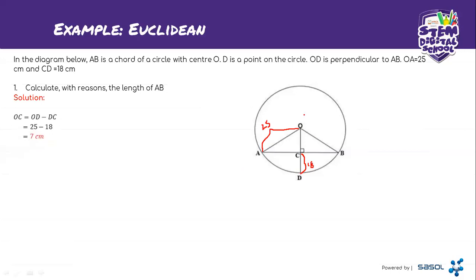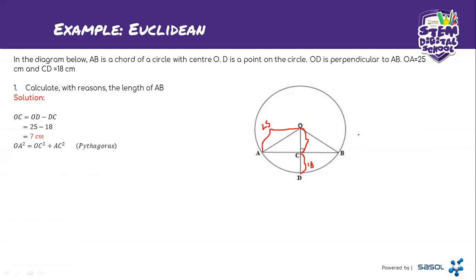Then we're going to determine OC by saying OC equals OD minus DC, which is 25 minus 18. We really need this length so that we can now focus on triangle AOC, so that we can use the theorem of Pythagoras to calculate the side, and then answer the question that needs the length of AB.